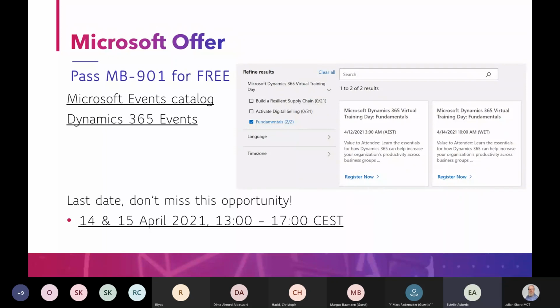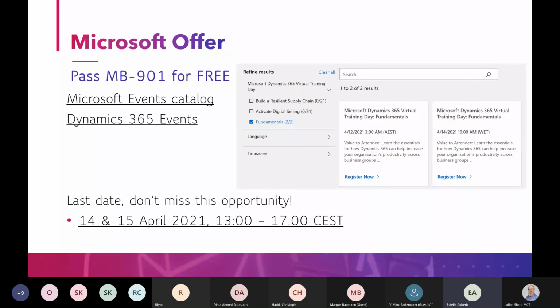You're going to have the voucher maybe 2 or 3 days after the end of the webinars, and you will have till the end of June to pass the exam, because after that the exam is going to be retired.